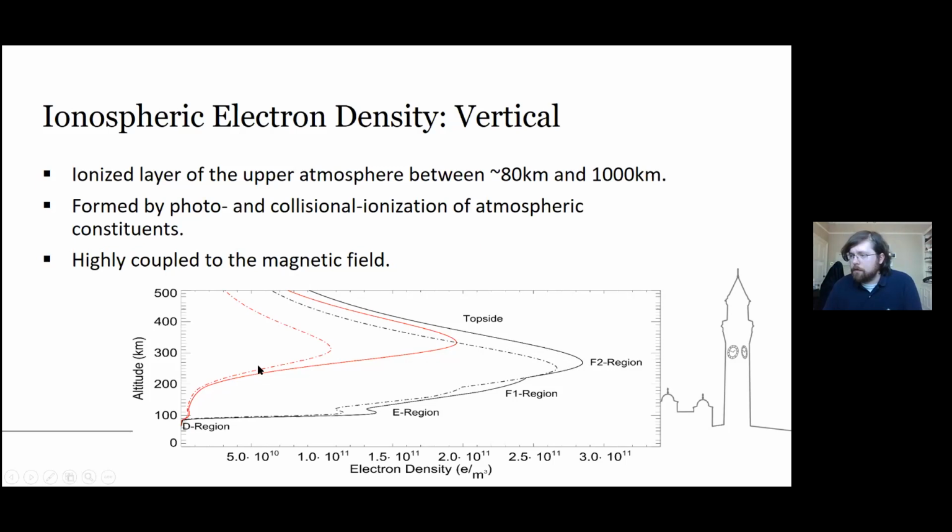At night, given by the red here, you can see that the lowermost portion of the ionosphere rapidly recombines in the absence of photoionization. And so you're only left with really the F region atomic oxygen ion plasma environment. The ionosphere is also heavily driven by solar activity, where the dashed line here is solar minimum and the solid line is solar maximum.